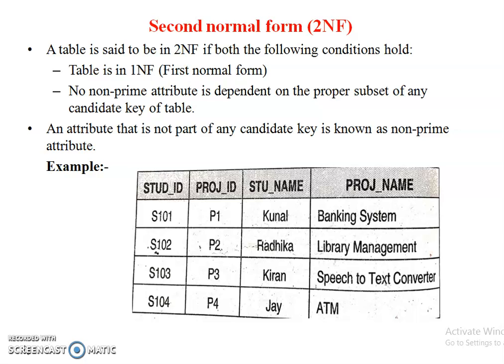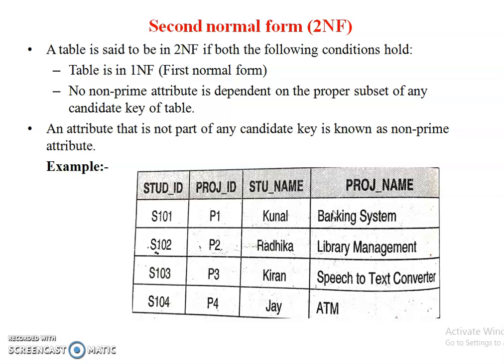Here the non-key attributes like student name and project name are dependent upon one of the prime key attributes. Means student name is dependent upon student ID, while the project name is dependent on the project ID.